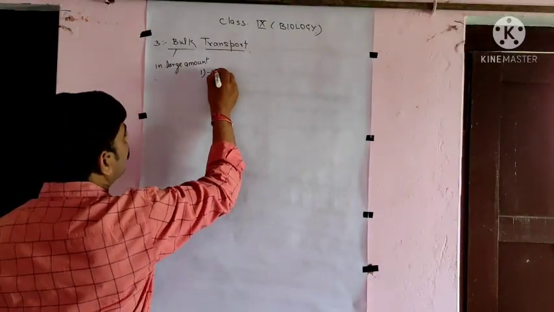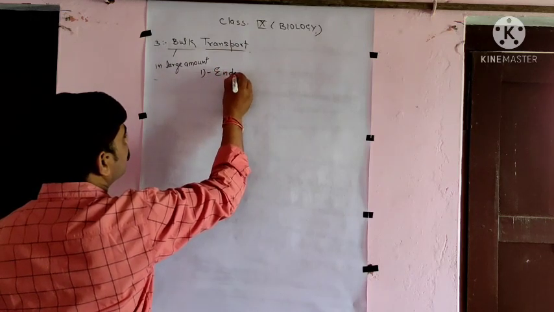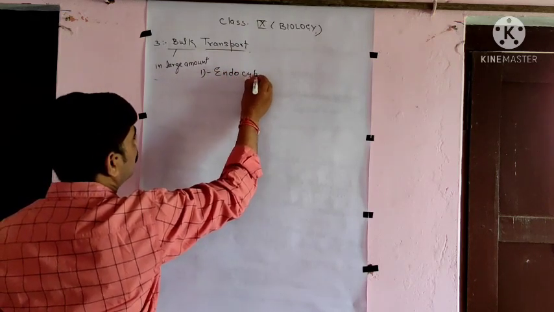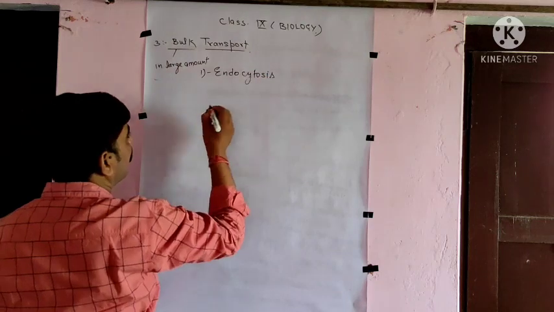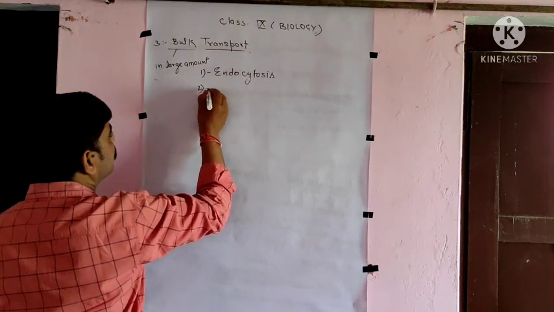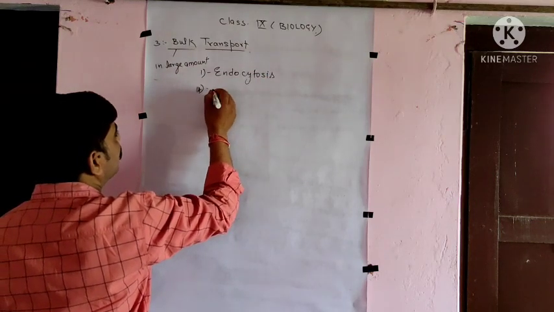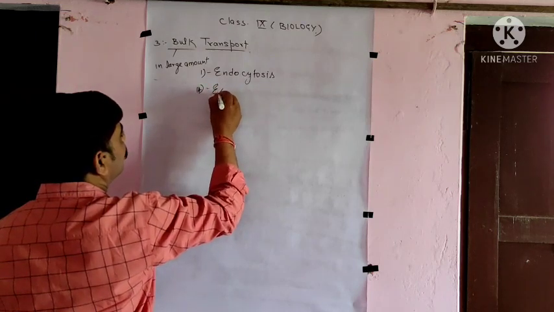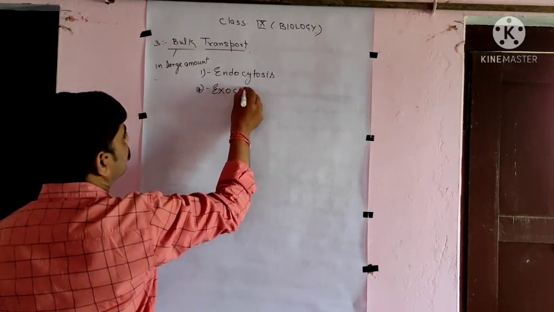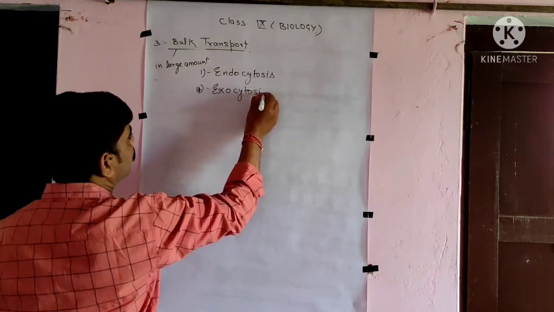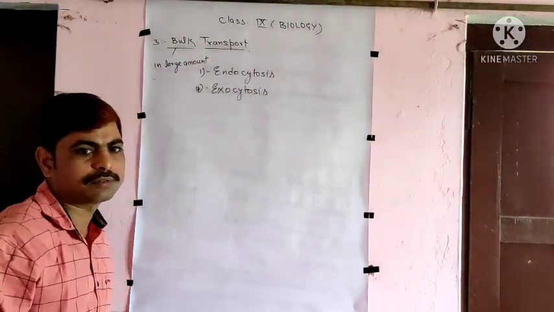One is called endocytosis and the second is exocytosis.